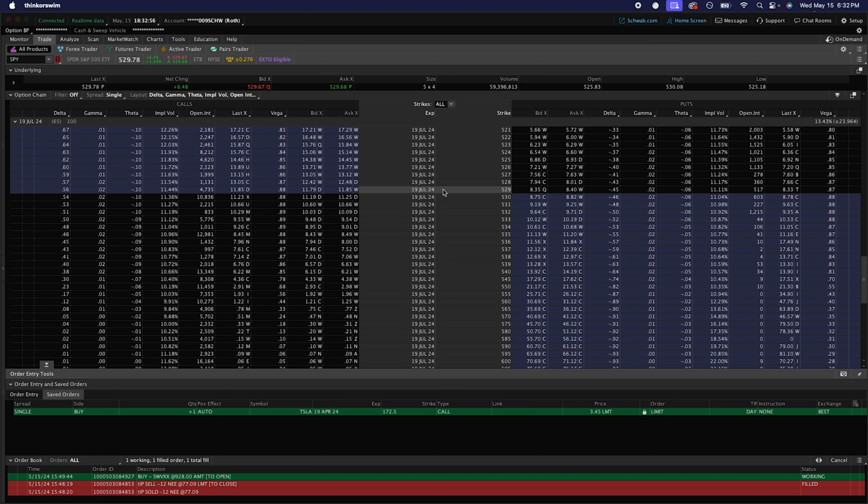Obviously you're going to pay more money because it's closer than the 585 or whatever, but you would have probably paid around $800 for it, and then it would have probably gained in value, based on what I'm looking at here, about $300 to $400 that you would have made, as opposed to the dollar or two on the contracts.